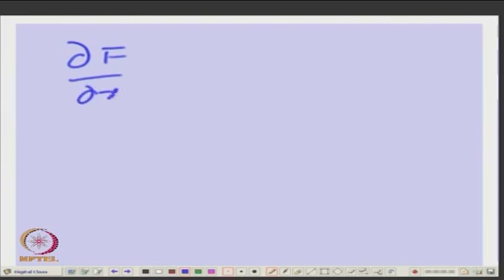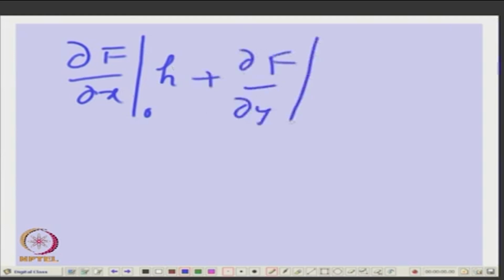So, you will say that the final delta f by delta x at the original value x naught y naught into that displacement, step h, plus delta f by delta y at that value into step k, that means displacement in y, should be equal to minus f of x naught y naught.